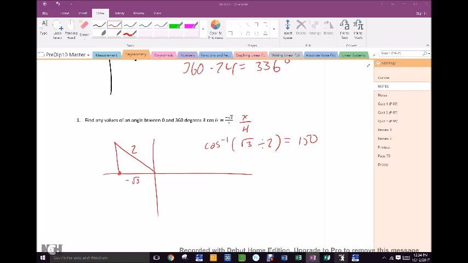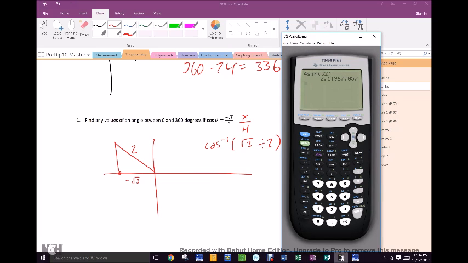Yeah, oh, the negative didn't come up there. It had to be negative. So shift, cos, negative root 3 divided by 2, close brackets, equals 150.